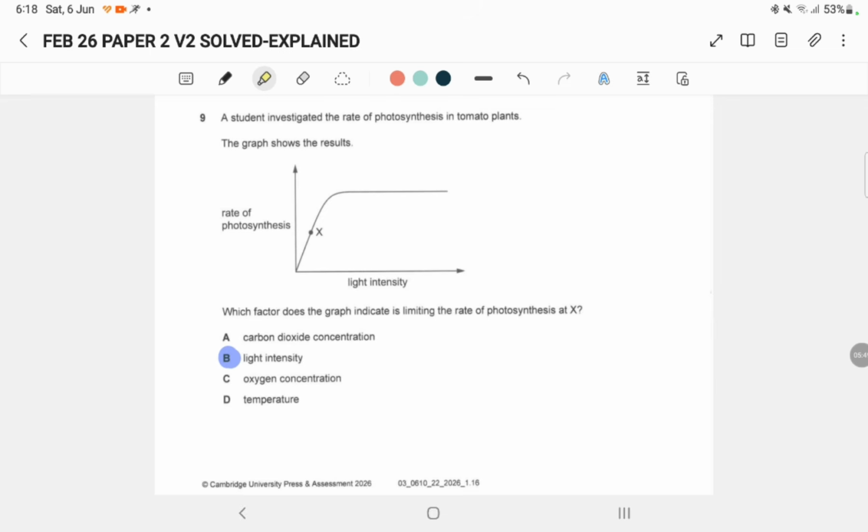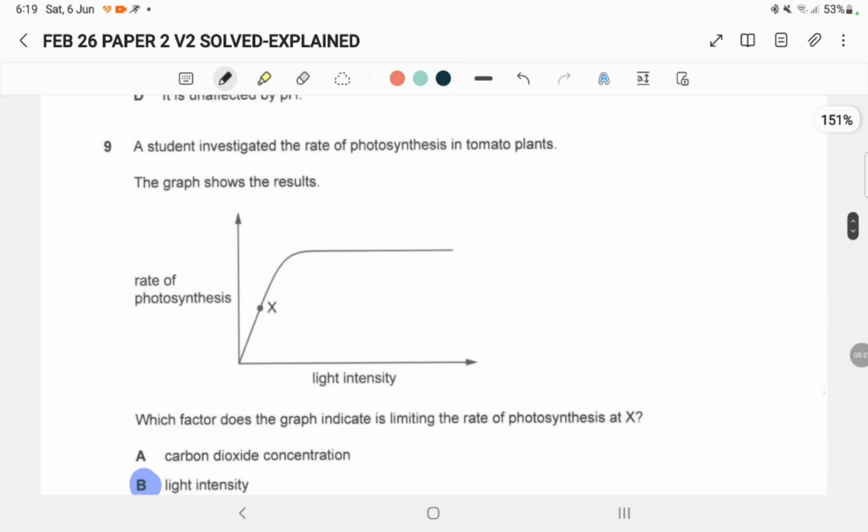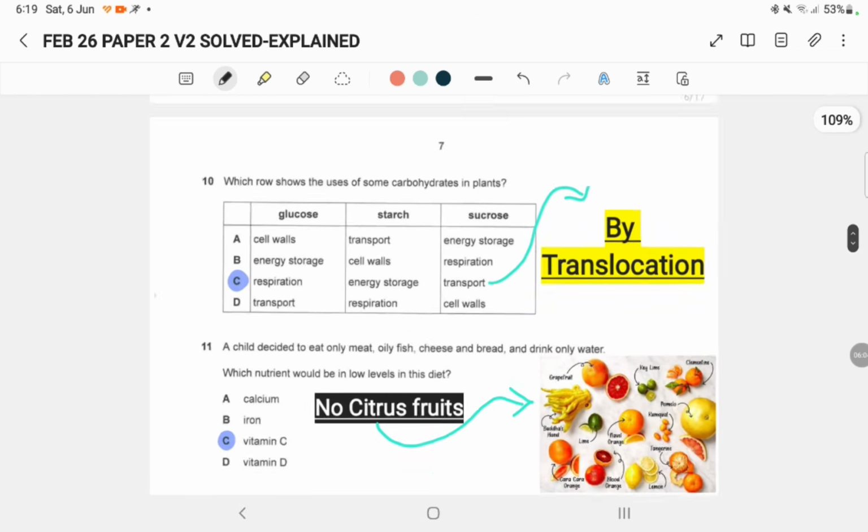So if the examiner had twisted the question, the answer would not be light intensity, it would be either carbon dioxide concentration or temperature, but it is not the case in this question, so the answer will be letter B.